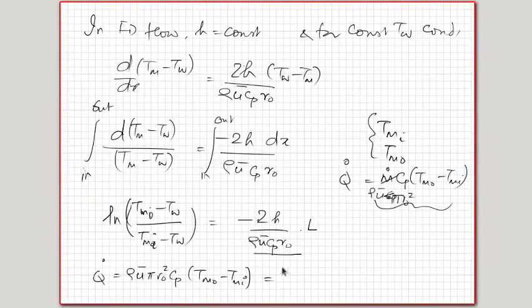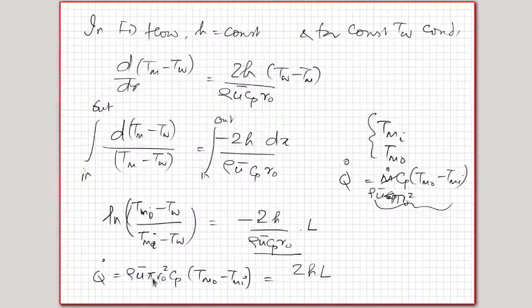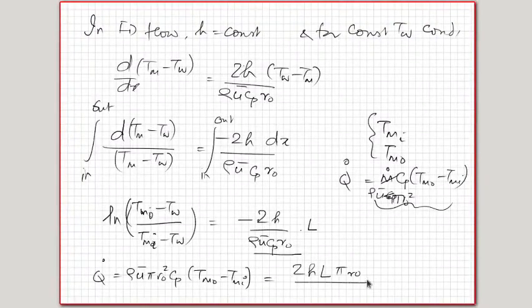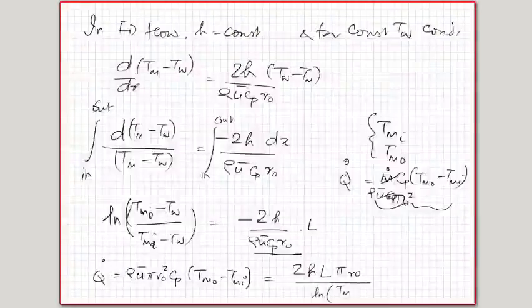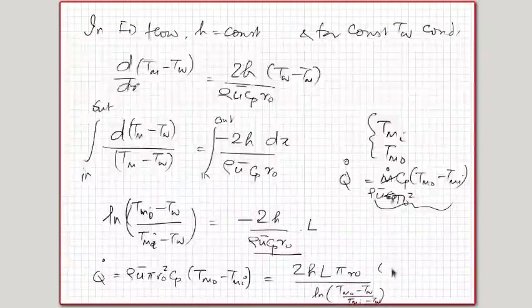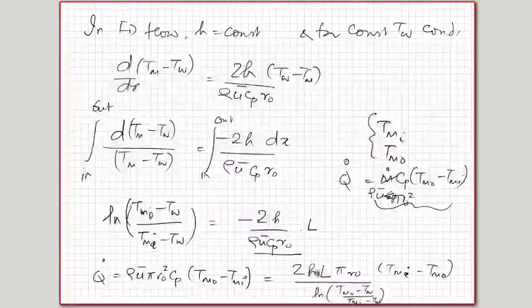Okay, so then I will be able to write that this will be equal to 2HL multiplied by, there is a R naught and this is a pi R naught square, so there will be a pi R naught that I have to multiply it by, divided by the left hand side logarithm of Tmo minus Tw divided by Tmi minus Tw. Okay, and multiplied by Tmi minus Tmo.